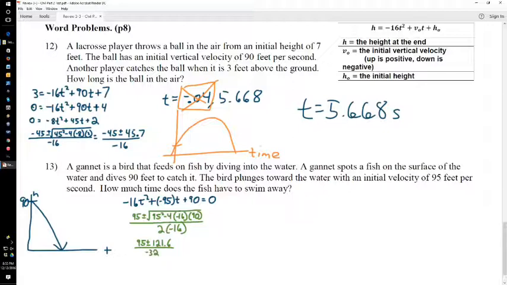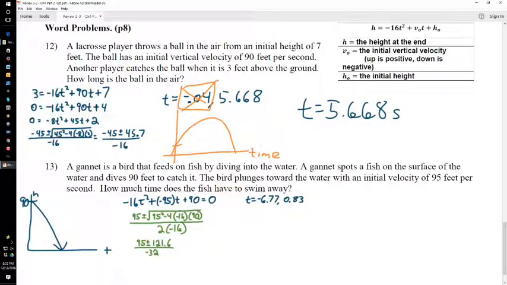So again, we've got to solve this twice, once with a positive and once with a negative. So we'll do it with a positive first. In this case, time is going to equal 95 plus 121.6 divided by negative 32, and then 95 minus 121.6 divided by negative 32.